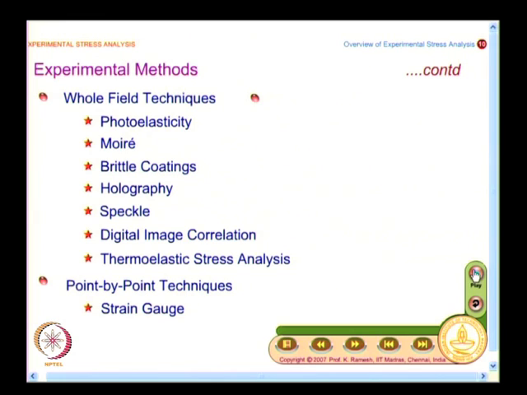And you have a point by point technique, and what you have here is the widely used strain gauges. I say it is widely used, I also caution it is a widely abused technique, because people have to paste a strain gauge, and pasting a strain gauge is such a boring exercise, and you have to be trained in pasting strain gauges.